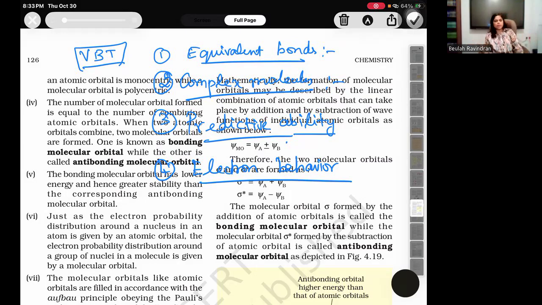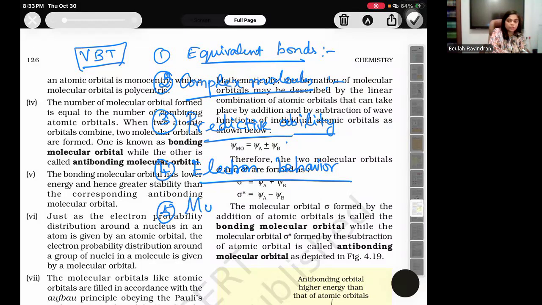That is very important. Then the fifth one, molecular geometry.